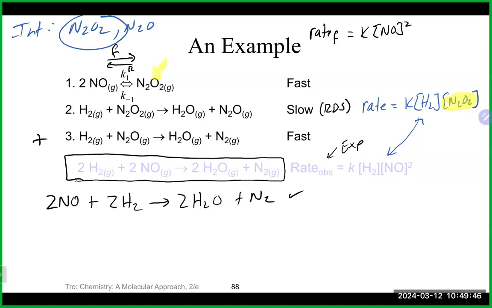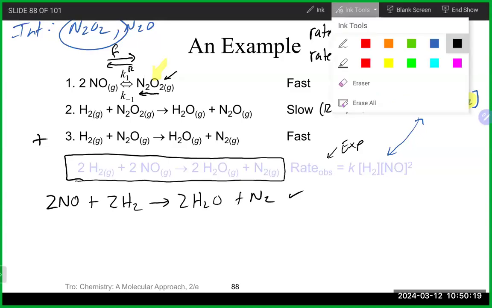We could also write a rate law going in the reverse direction, which means N2O2 is our reactant and not our product. The rate for our reverse reaction would be k times N2O2. So these are the two rate laws that we could write for this reversible reaction, one heading from reactants to products, one heading from products to reactants.